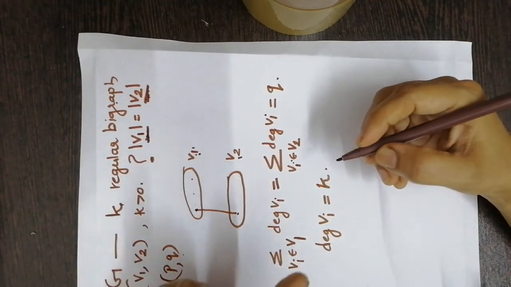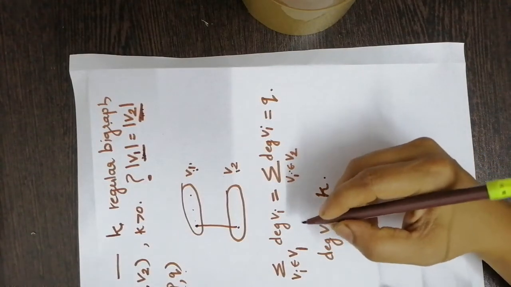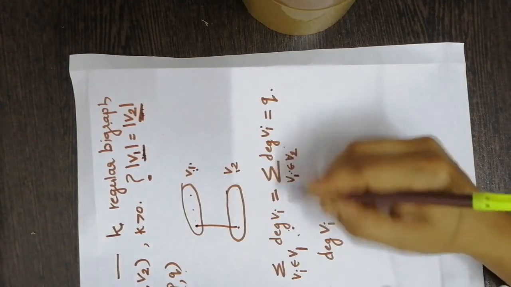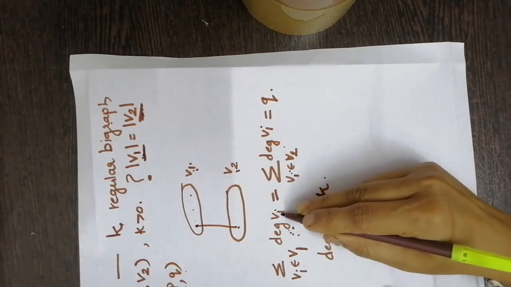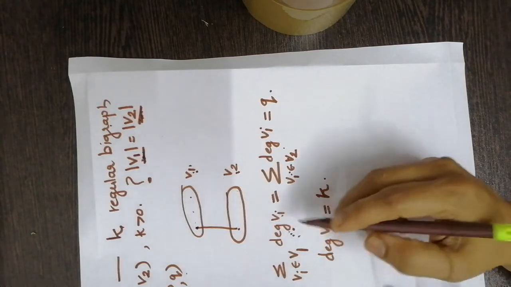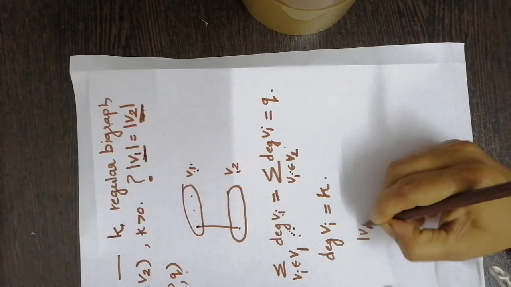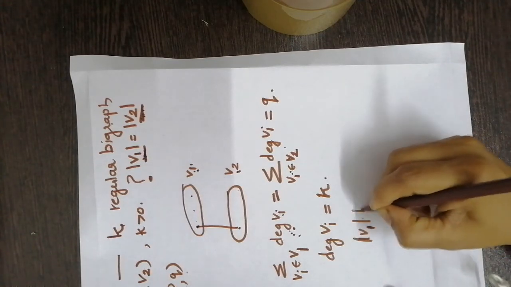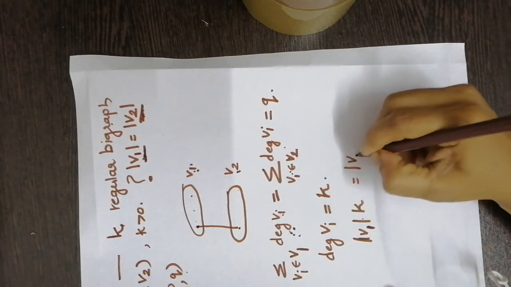So each vertex has degree k, and you can write this as k times the number of elements in V1, which equals k times the number of elements in V2.